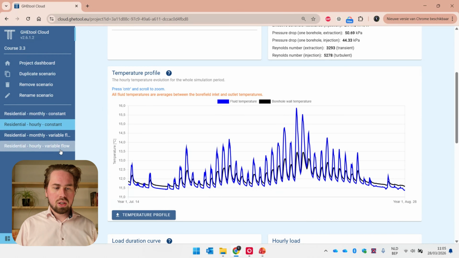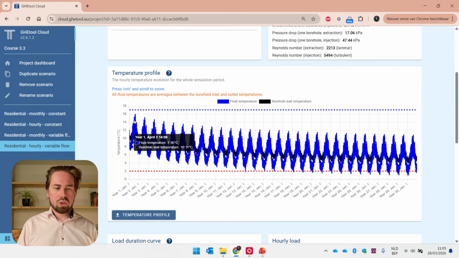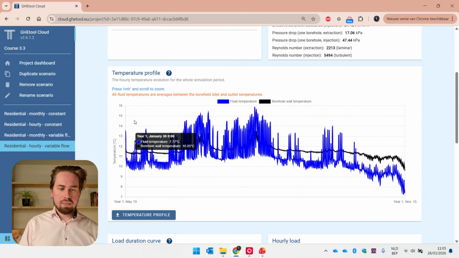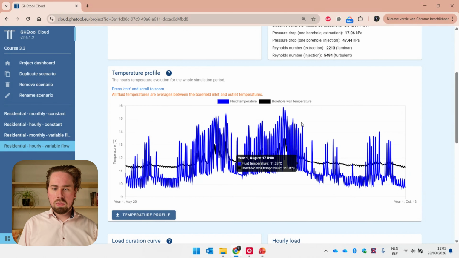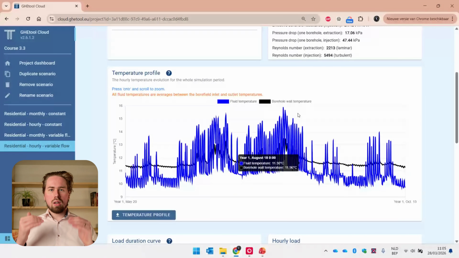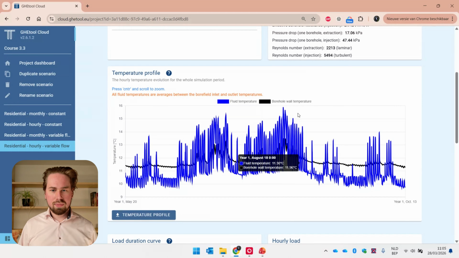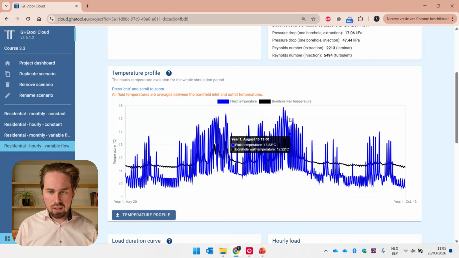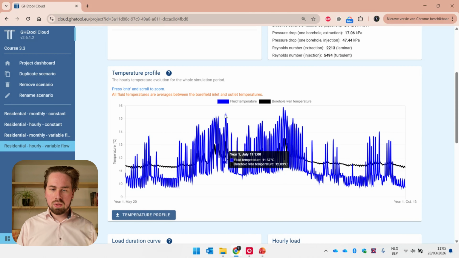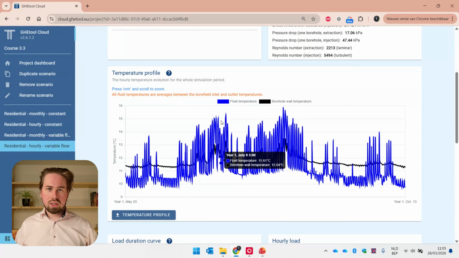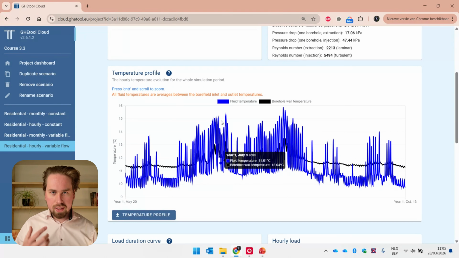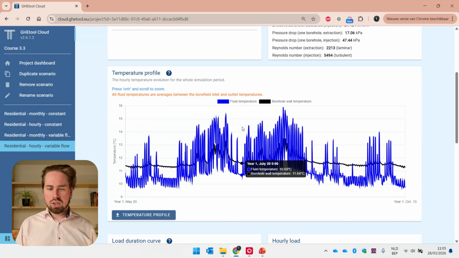And if we switch to a variable flow and I would zoom in that same period, we would see that we are way more often very close to this 15 degrees. We cross it perhaps only once, but also here we're now crossing this 15 degrees limit because probably there, we're not that turbulent anymore. We're already in the transient, perhaps even towards the laminar flow rate due to the lower circulation.